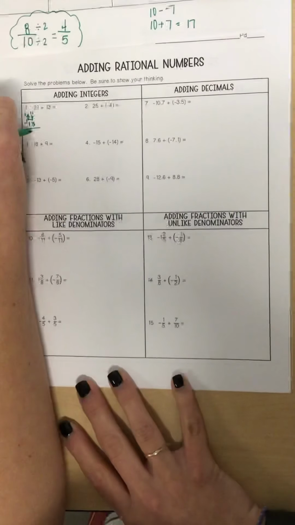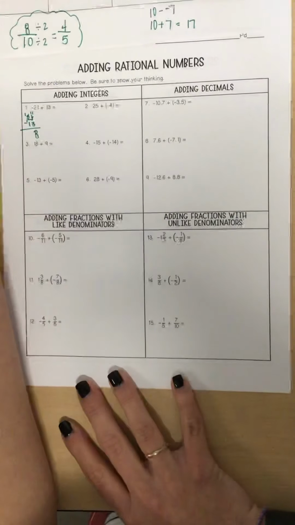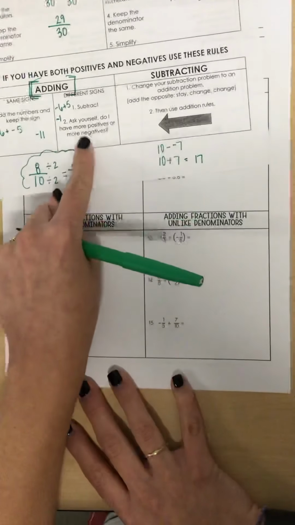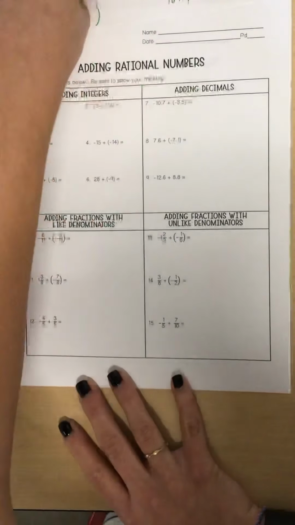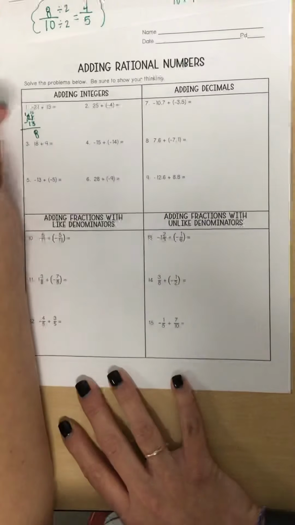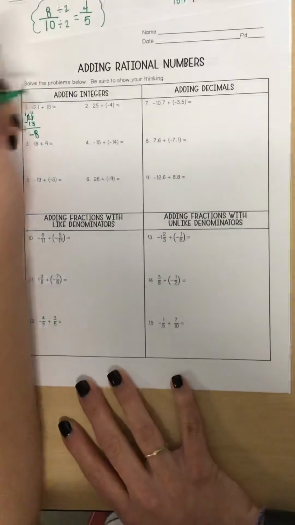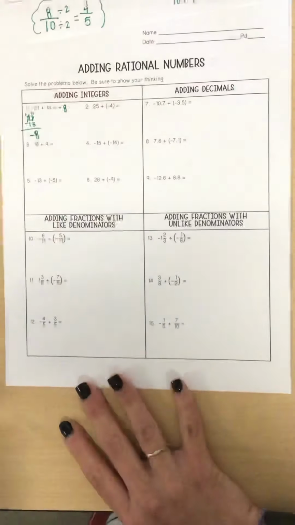And when I do that, I'm going to get 8. And then I need to look and see, do I have more positives or do I have more negatives? If I look here, I have more negatives. So my answer is going to be negative. So negative 21 plus 13 is negative 8.